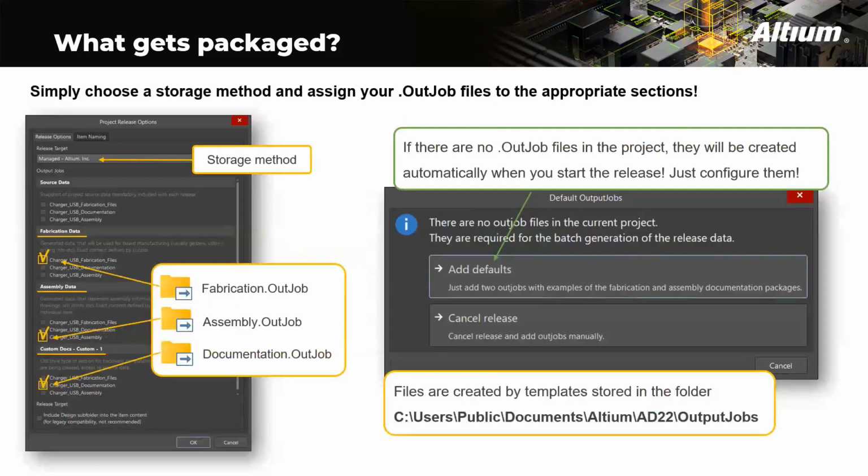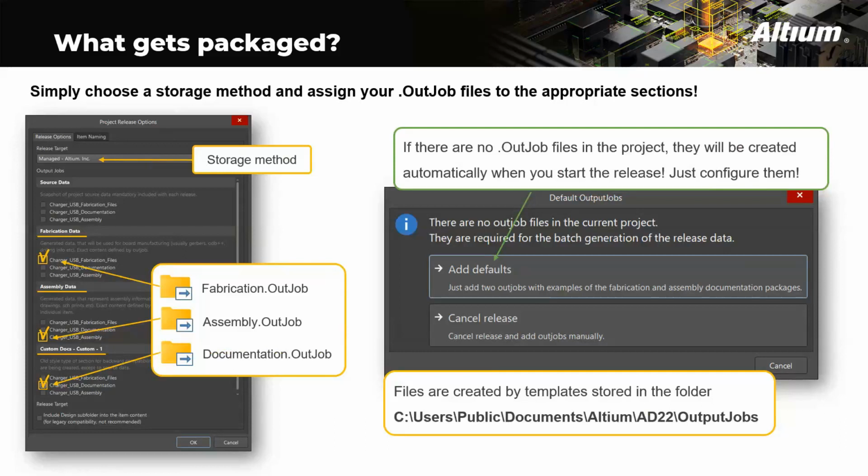When you are setting up the project releaser, you will assign one or more output job files for each section. The sections being fabrication, assembly, and documentation. Of course, you can always add more sections to match your process.